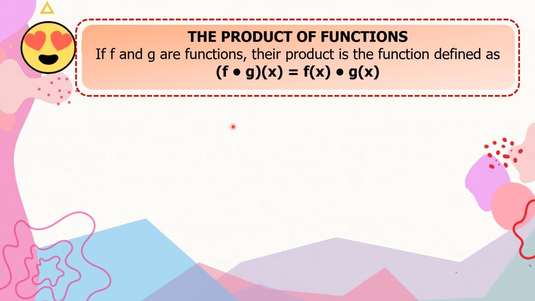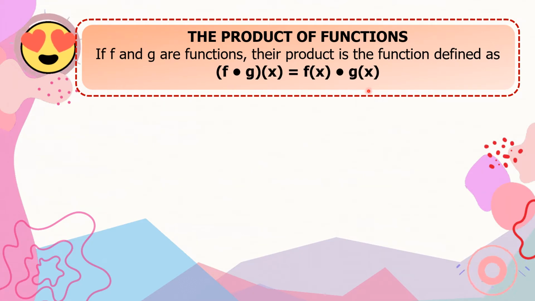Ibig sabihin, kapag ang f at g ay functions at kukunin natin ang kanilang product, ay i-multiply lang natin ang value ng ating f of x at g of x. Kaya siya f of x times g of x.